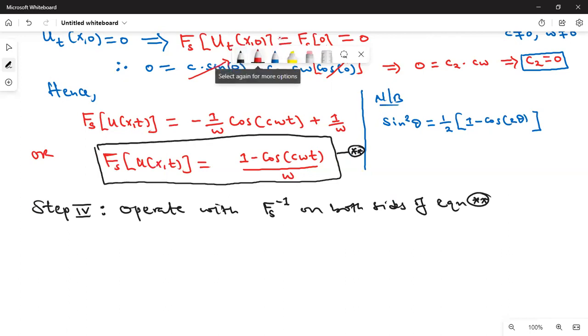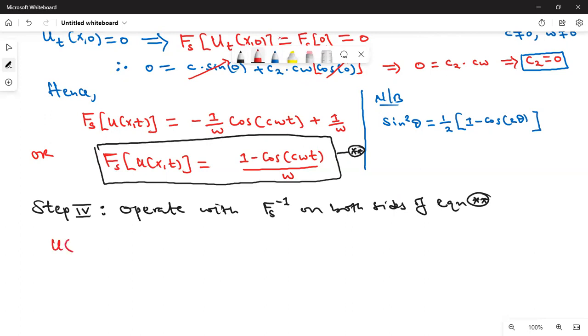So when you operate on the left hand side, you are going to get u of x,t. Remember, F s inverse and F subscript s are inverses, and so when you operate on them, you get the identity operator. And identity operator operating on any function gives you the same function.